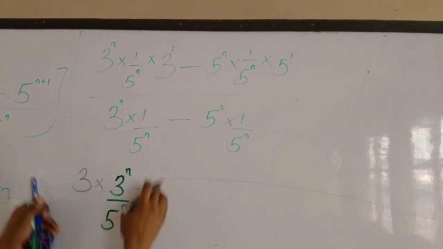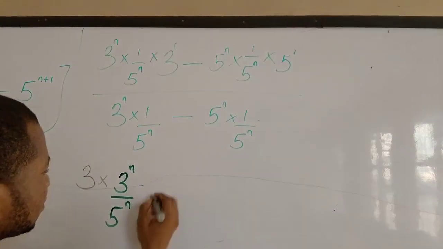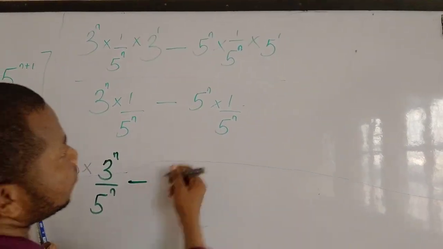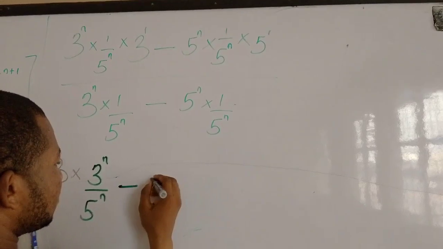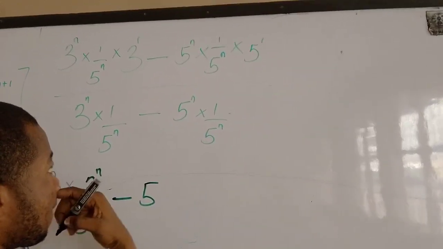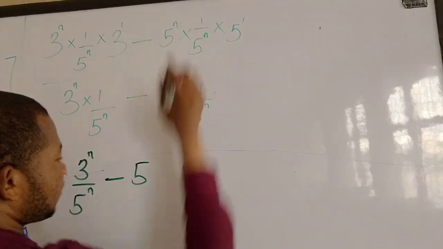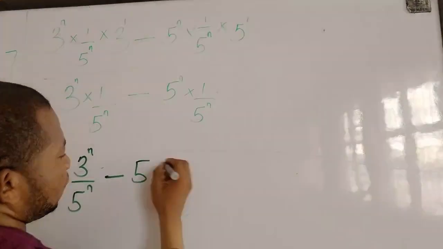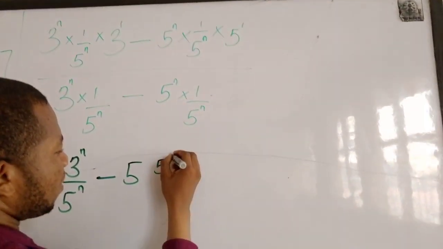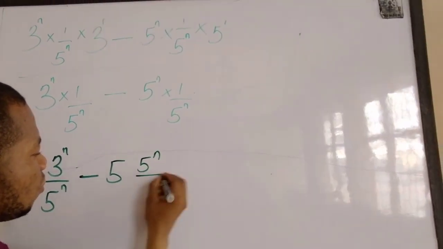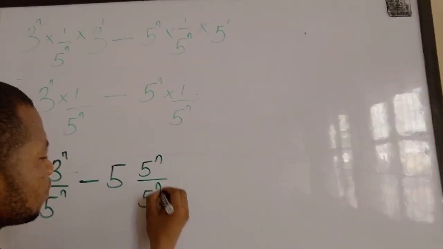Okay, that is for this. We move to this. Minus this, 5 raised to power 1 is 5. Then 5 raised to power n times 1 over 5 raised to power n would be 5 raised to power n over 5 raised to power n.